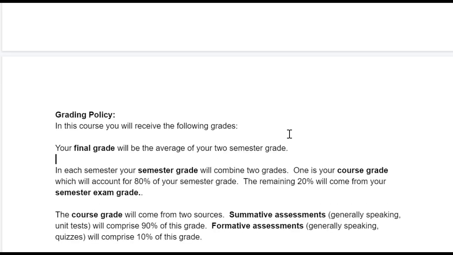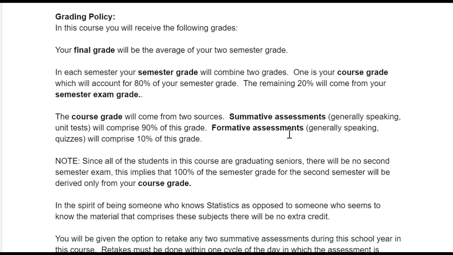All right. Grading policy. In this course, you will receive the following grades. Okay, so this is the bit where people are going to get confused. Because once again, we have changed how your final grade for the course will be. Okay, so your final grade in the course will be an average of 2 semester grades. There'll be a semester 1 grade, there will be a semester 2 grade. In each semester, your semester grade will combine 2 grades.